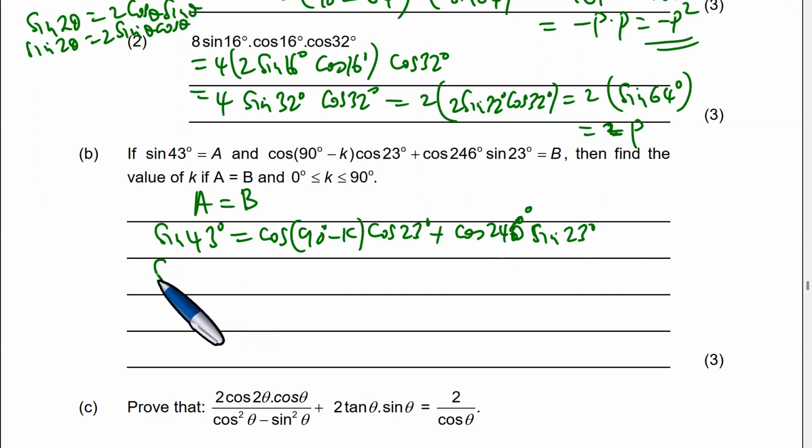The sine of 43 degrees, you can write 43 as 66 degrees minus 23 degrees.